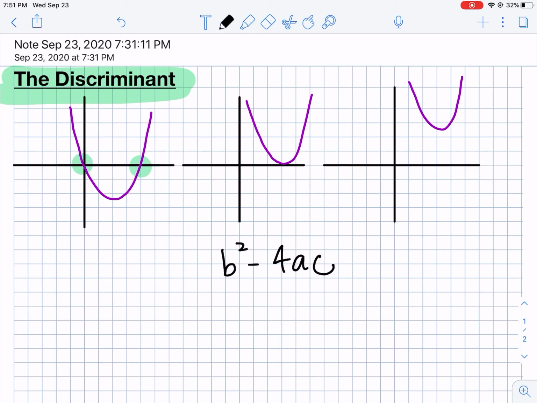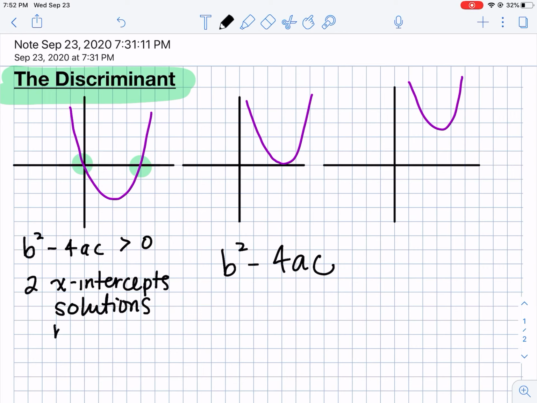And in that case, b squared minus 4ac, the discriminant, is positive. b squared minus 4ac is greater than 0. And when that's greater than 0, we have two x-intercepts. We can also call these two solutions or roots.